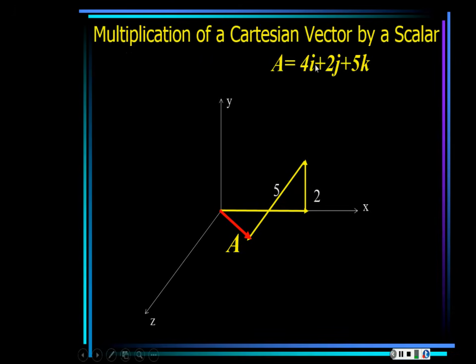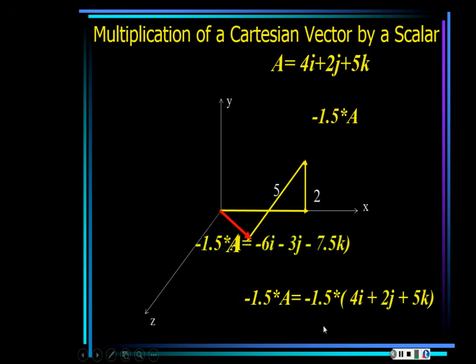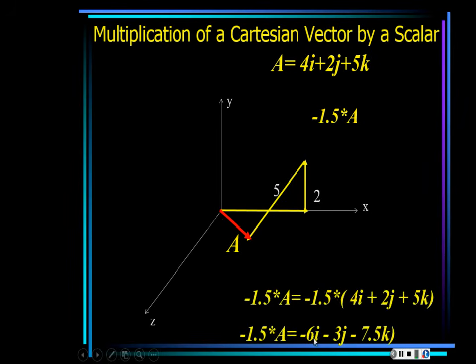If I want to multiply the same vector by a scalar, now I have negative 1.5A. What I do is multiply every one of the components by negative 1.5, and this is what I get. Once I have this, I do the same thing and represent it. The only difference is that this is negative 6i, and this is positive. Remember, first of all, the axes are referential axes.